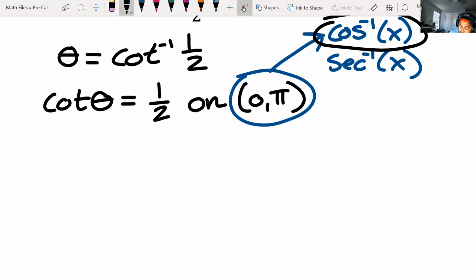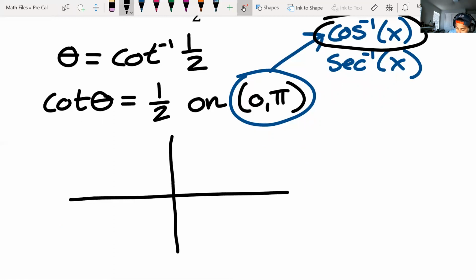Since they share the similar restrictions, here's what we're looking at. Here's 0 and here's pi. We know that pi over 2 is up there. If cotangent is positive, what quadrant am I in?